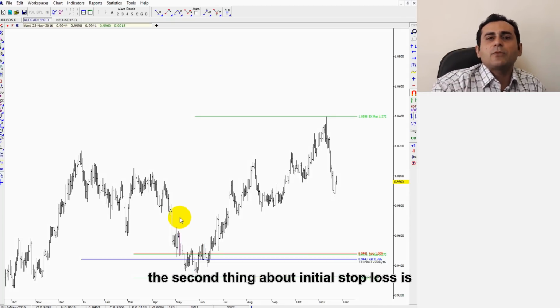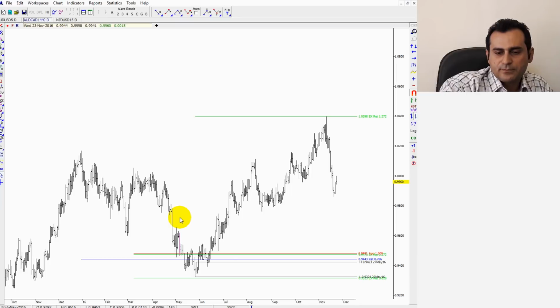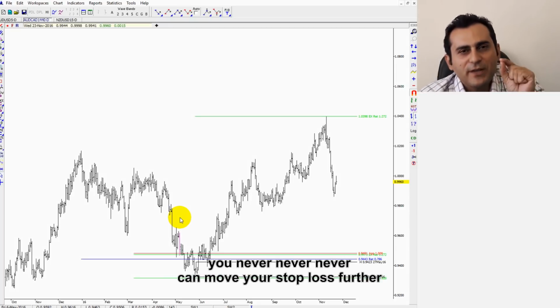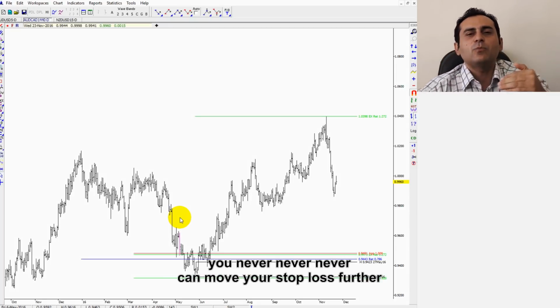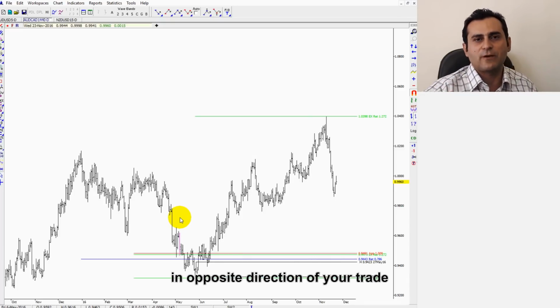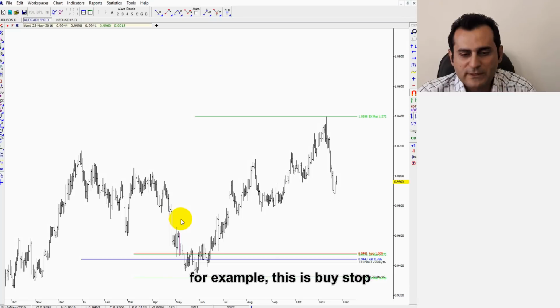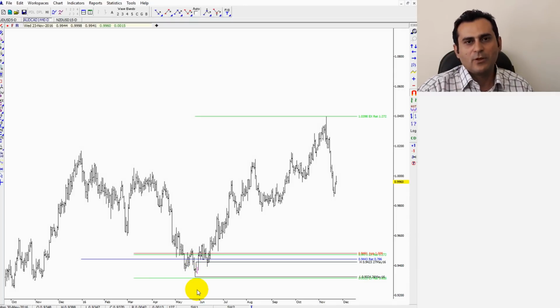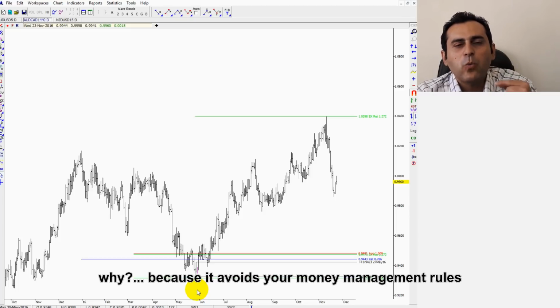The second thing about the initial stop loss is that after you set the stop loss, you can never move your stop loss further in the opposite direction of your trade. For example, this is a buy stop. When price hits here, you can't move your stop loss in a down direction. Why? Because it breaks your money management rules.